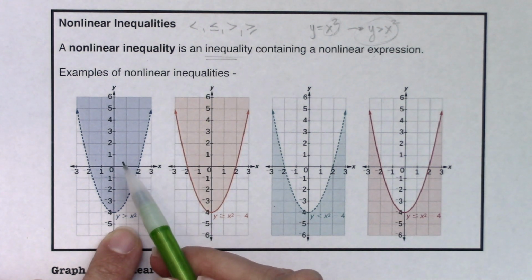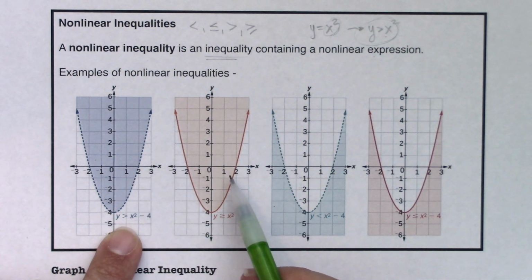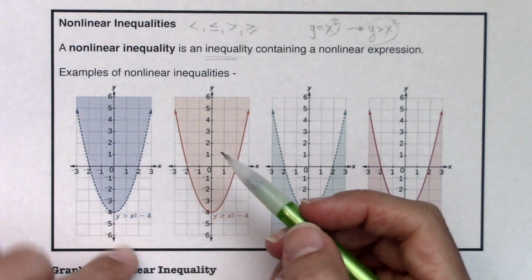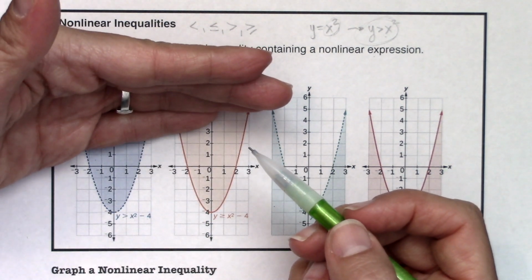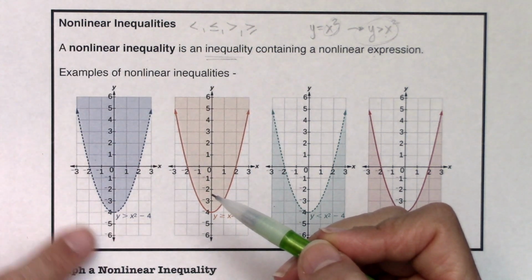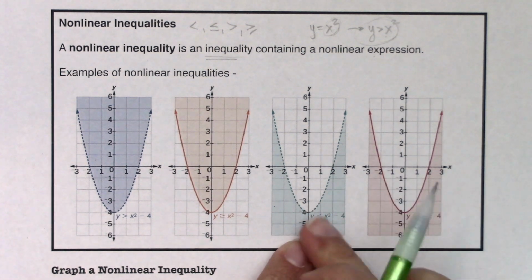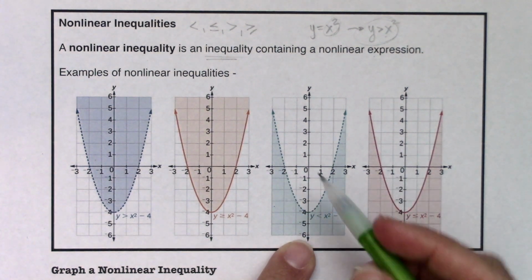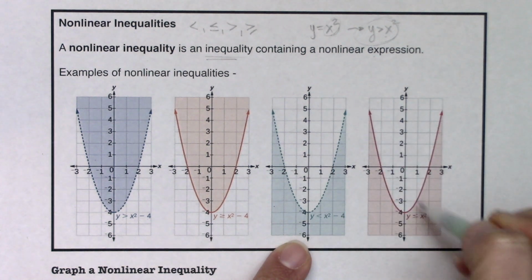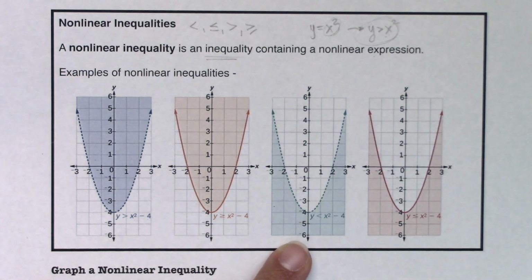But we've got this shading here, I should say shading with a dotted line, shading with a solid line. And it's above x squared minus 4 because we're looking for the area greater than x squared minus 4. This would have been the area less than x squared minus 4, which is over here, right? And again, strictly less than, you get the dotted line. If you want less than or equal to, add the equal to, add the solid line.